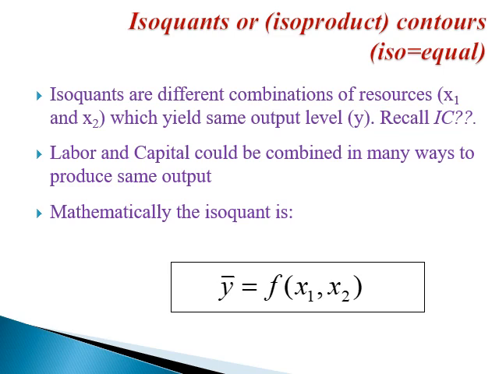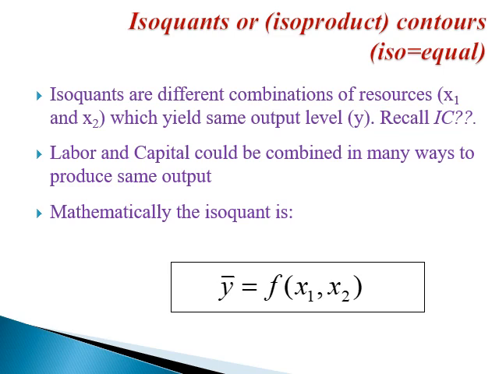An isoquant is exactly an indifference curve, but one that applies to production theory, that talks about what are the different combinations of input x1 and input x2 that can produce the same level of output.